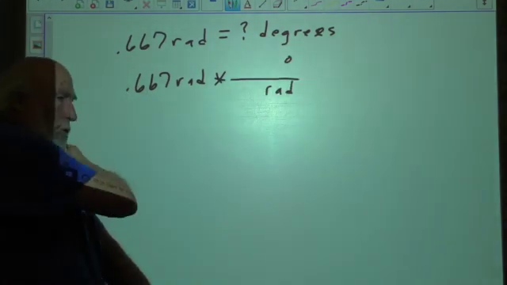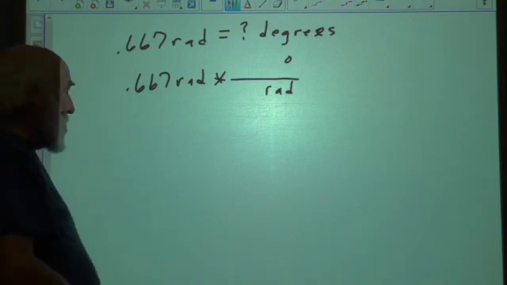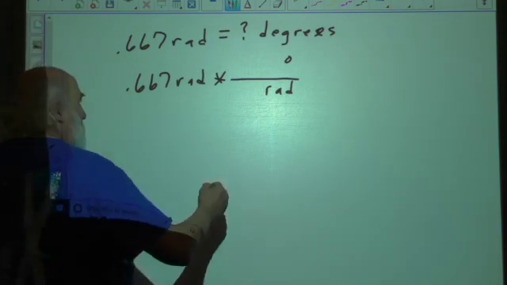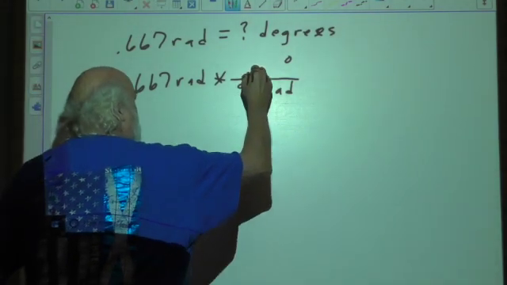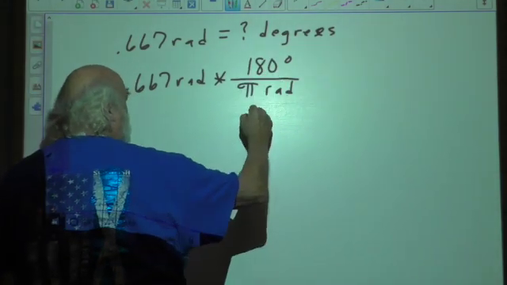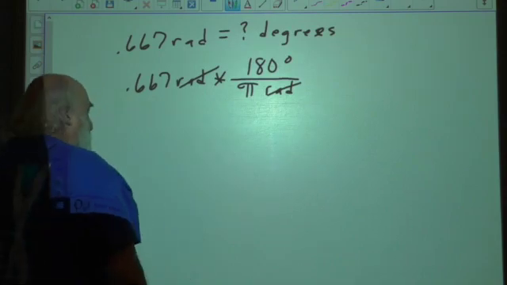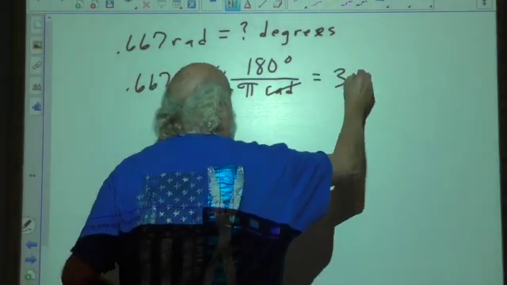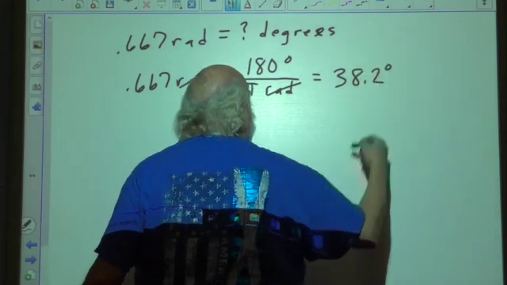And the relation we found on the previous page was that for every pi radians, we had 180 degrees. So the radians cancel out, and we multiply this out, and we get 38.2 degrees.